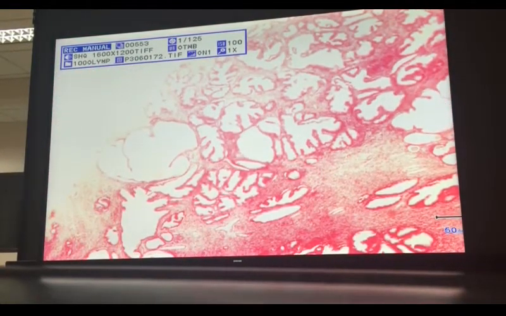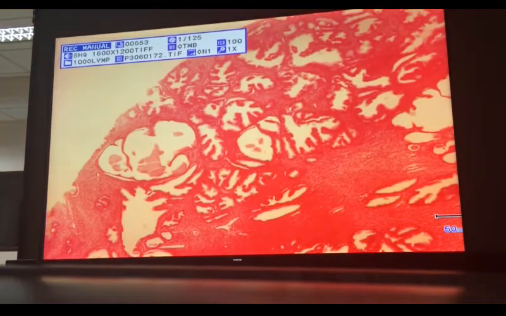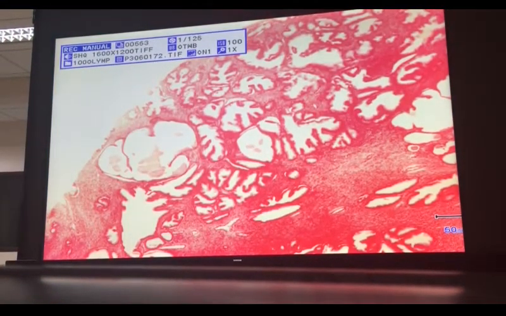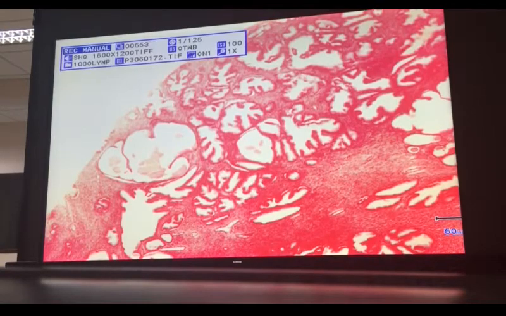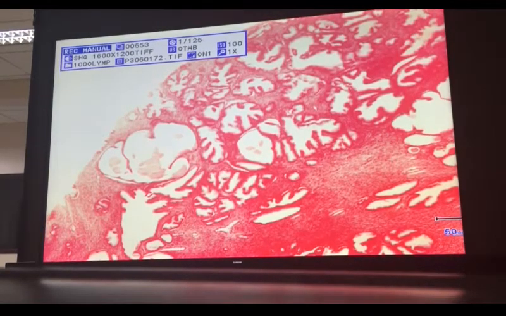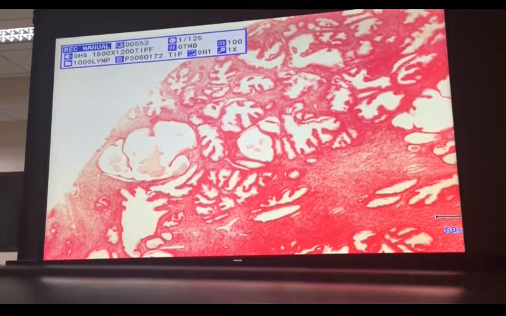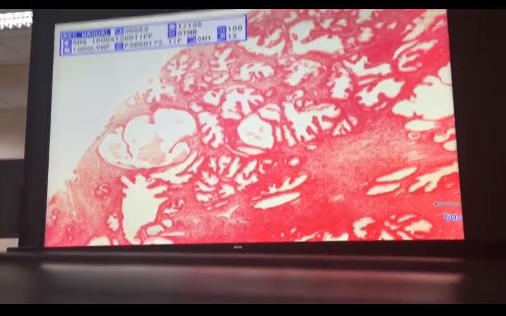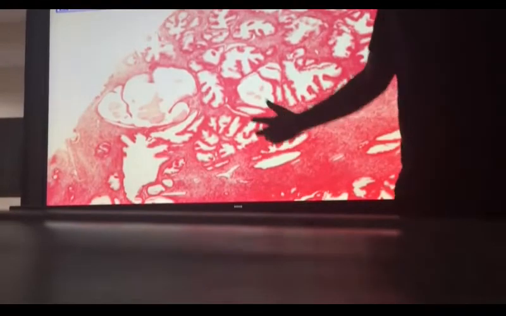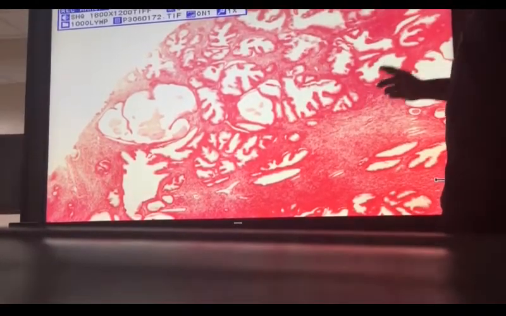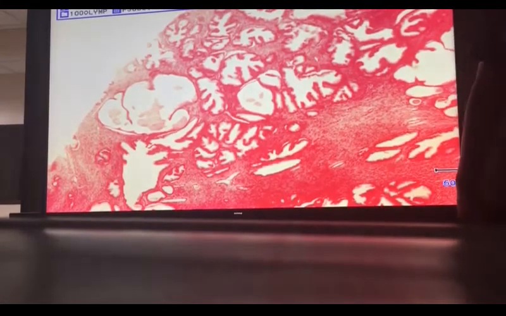Now, just like the mammary gland, the prostate gland is a compound acinar gland. So being such a type of gland, it will be composed of acini, which are grouped into lobules. So this is one lobule of acini, another lobule of acini, and then another lobule of acini.